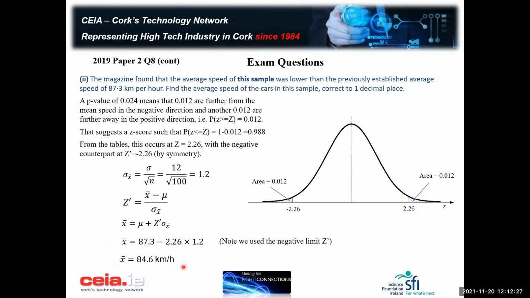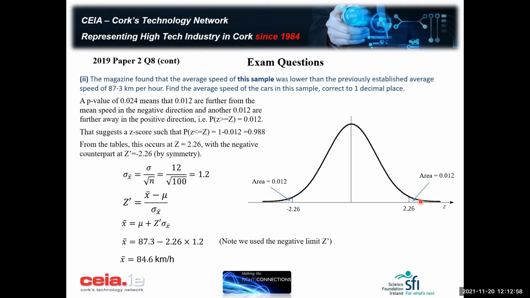What we're saying here is that this magazine must have measured this speed, 84.6, run it through this calculation, Z, and found a Z score of minus 2.26, and concluded, well, that means that 0.012 are lower than that.